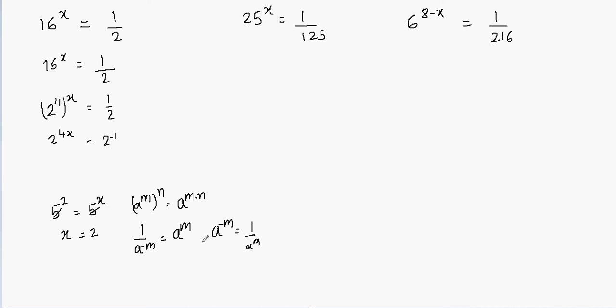So when you have a negative power, you can just write the reciprocal of it. The same thing we did here. This was 1/2, and since I want to bring 2 up, I can write it as 2 to the power negative 1. Now, you see that I have the same base here.